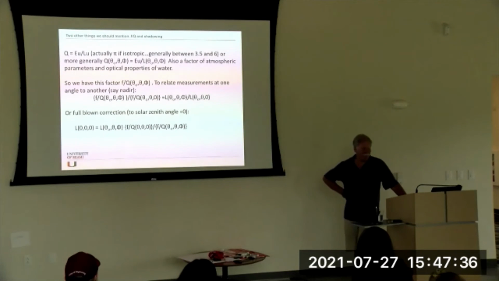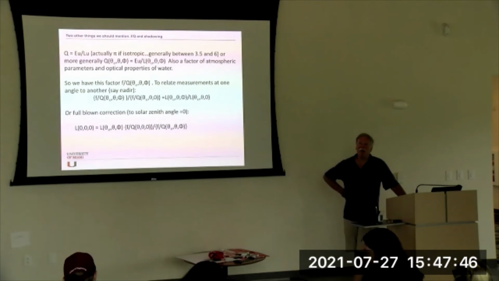Anyway, case 1 in general, the way I think of it, is that the optical properties in the water are correlated with the chlorophyll concentration. Okay. Case 2 is everything else. So is that fair?